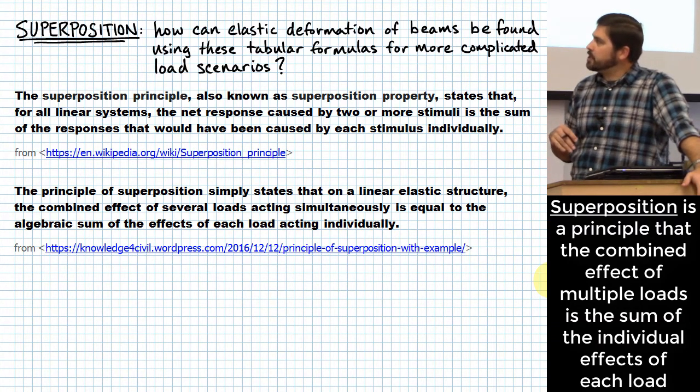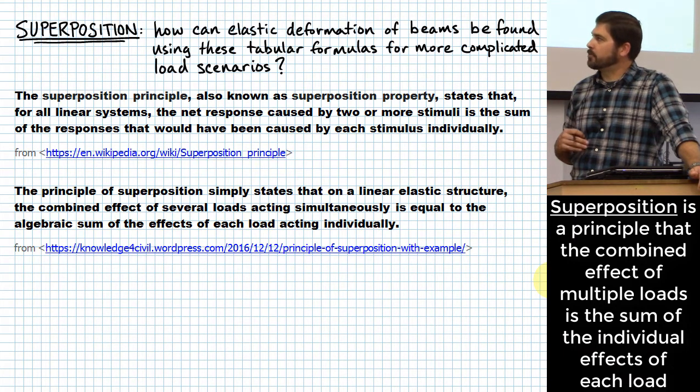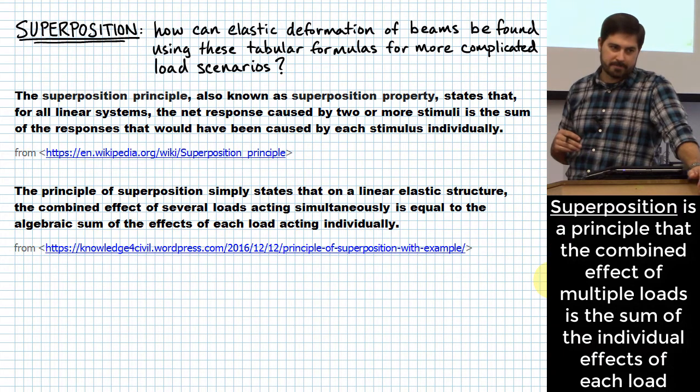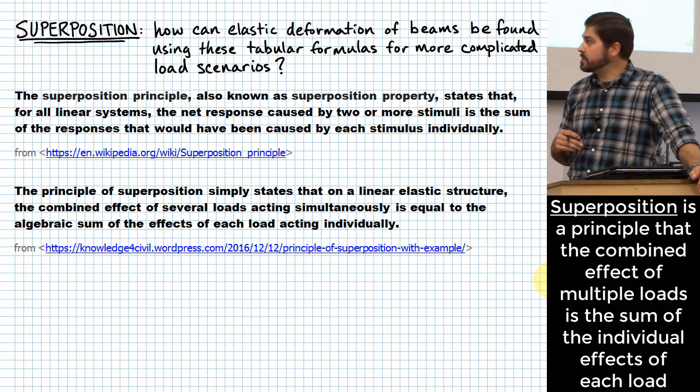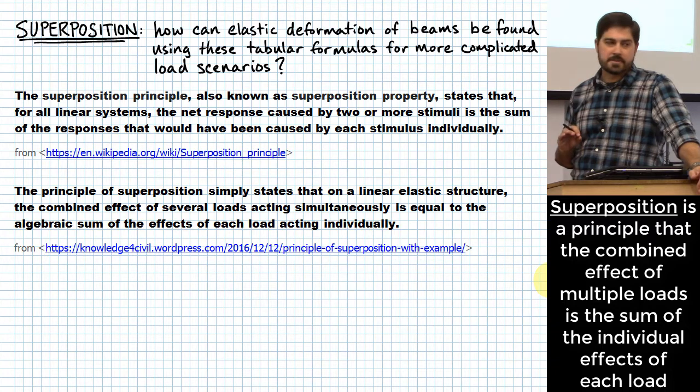Superposition. The most broad definition says the superposition principle, also known as the superposition property, states that for all linear systems, the net response caused by two or more stimuli is the sum of the responses that would have been caused by each stimulus individually. Okay? And it turns out that these beam questions that I'm doing right here, at least for small deflections, are linear systems.